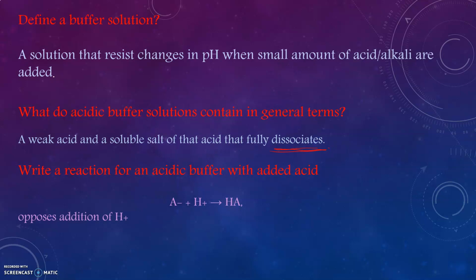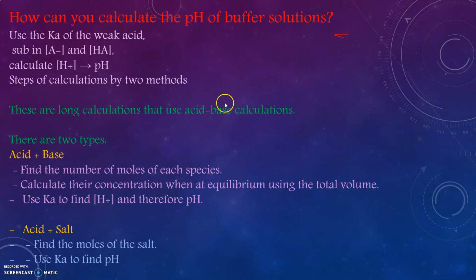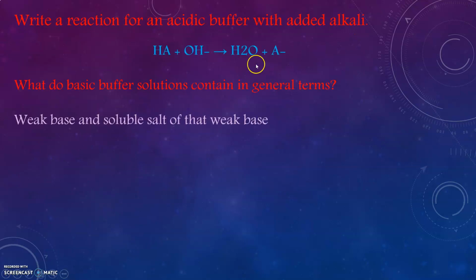To write the reaction of the acidic buffer with added acid: A- plus H+ gives HA, opposing the addition of H+. This is the reaction between the acidic buffer and when it's added to an alkali.